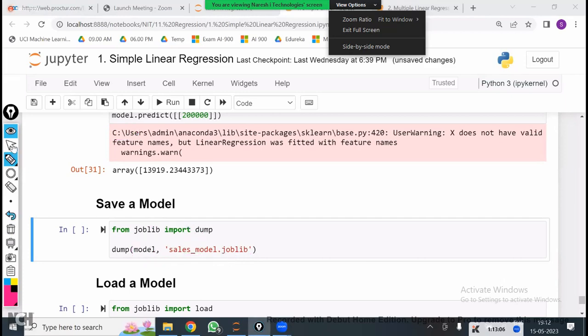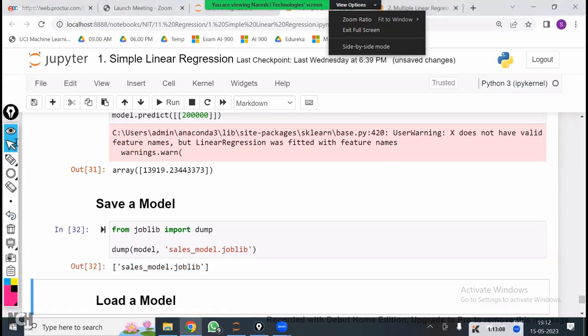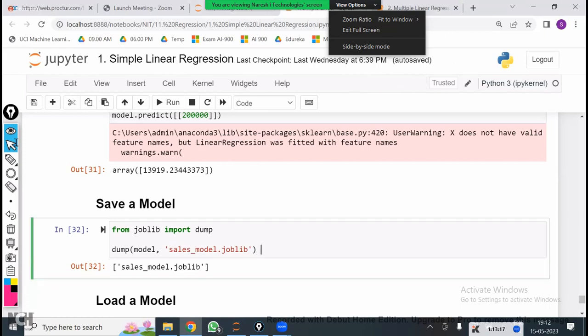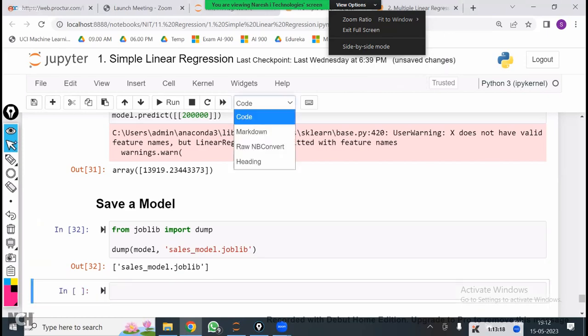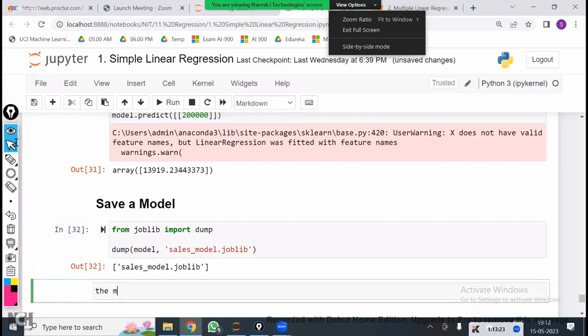Once you click on this, it is going to be saved. Where is it going to be saved? In your working directory. The model will be saved in the working directory. How is it going to be saved?